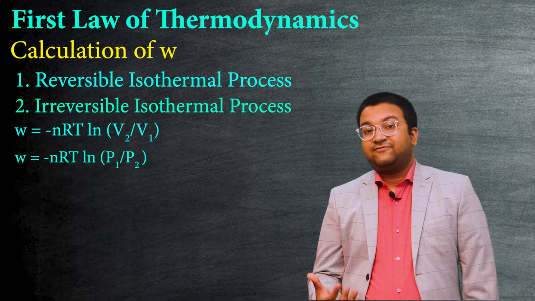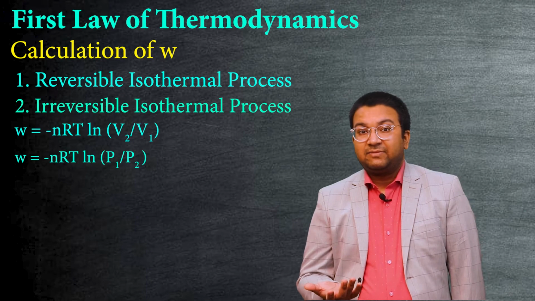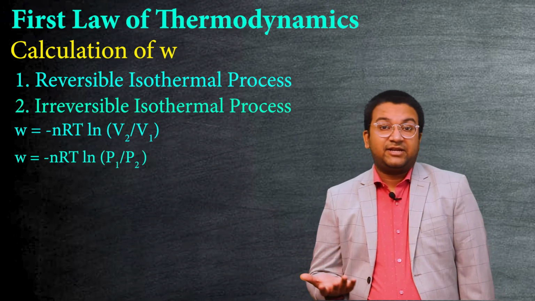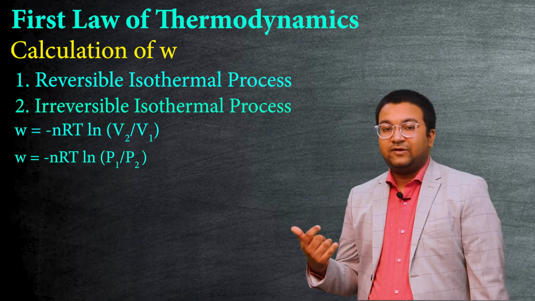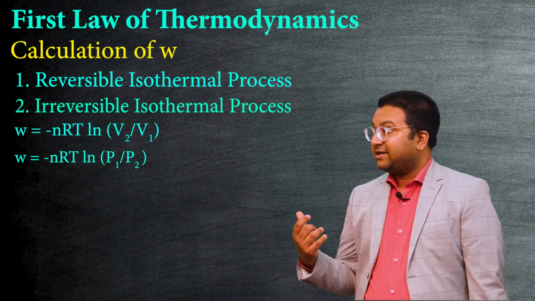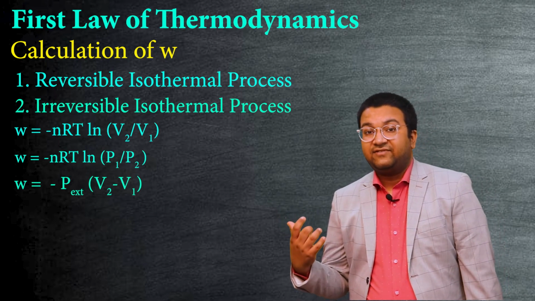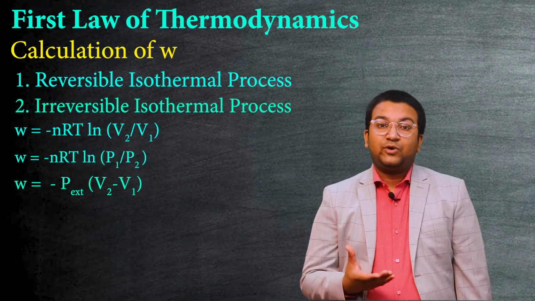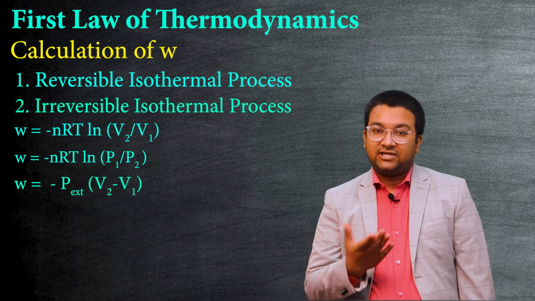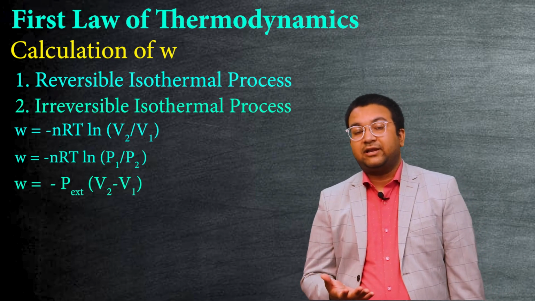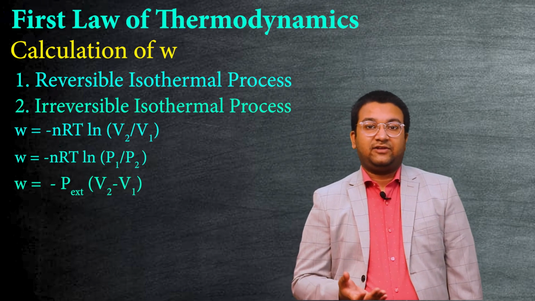Or if we have an irreversible process, which means that the pressure is not constant, the work done will be written as minus P external into delta V. Now remember this fact that W is not a state function, it is a path function, because it will depend on the path by which any work is done.